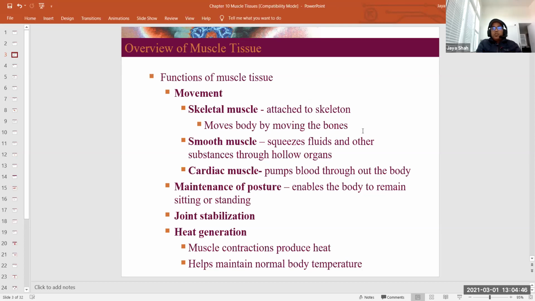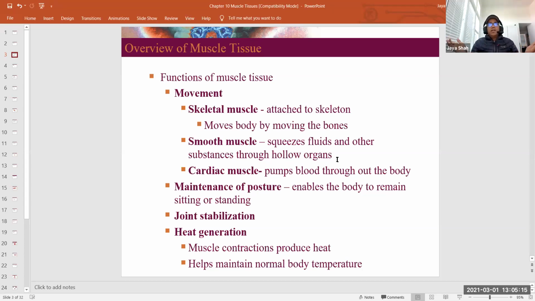Smooth muscle also moves, but it moves the content in the hollow organ. For example, they squeeze fluid and other substances through the hollow organ. So when you eat food, it passes into your esophagus, from the esophagus into your stomach and down in the intestine due to contraction of the smooth muscle, okay?